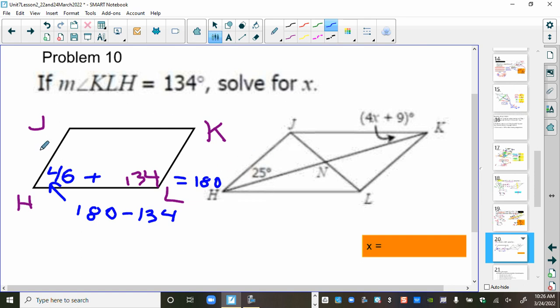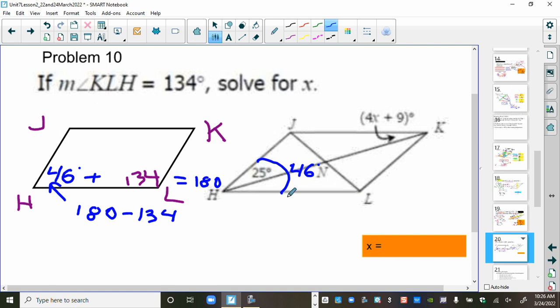So that was the diagram on the left. Now the diagram on the right is that same angle, JHL. The entire angle has to be how many total degrees? How many total degrees did we say that entire angle was? 46. So if this part is 25, then this little part has to be, the overall is 46.